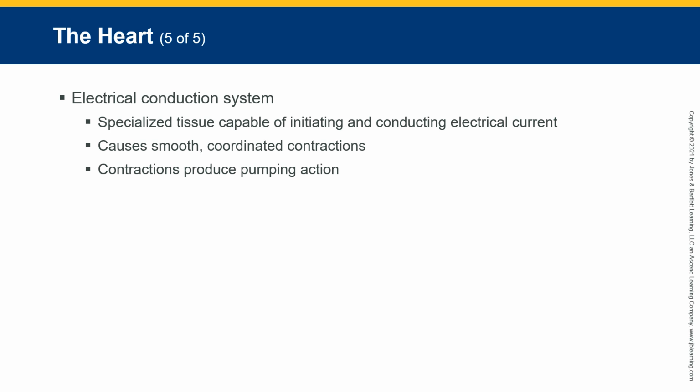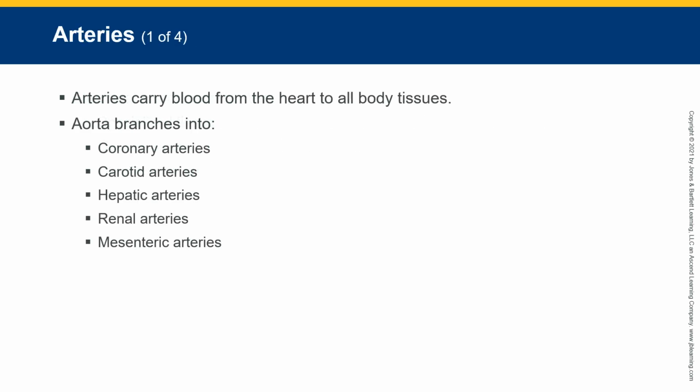The heart has an electrical conduction system. Specialized tissue capable of initiating and conducting electrical current causes smooth, coordinated contractions, and your contractions make your pumping action. Arteries carry blood from the heart to all of the body's tissues.